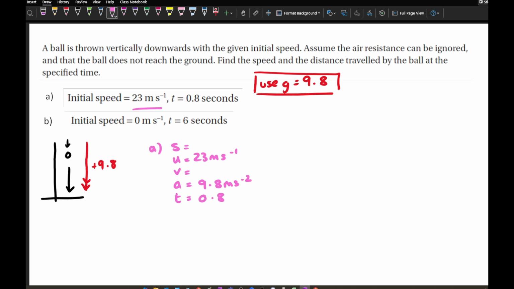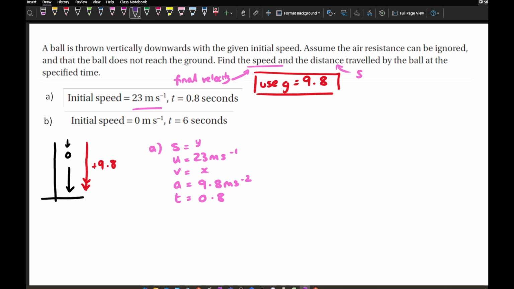What the question is asking me to do is to find the final velocity and the distance. So it's asking me to find V. Whenever it asks for speed, it's always the final velocity. And I also need to find S. So I need to find the two things. Let's call that X and let's call that Y.